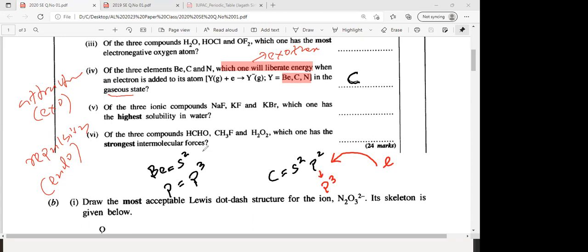But for beryllium, 2s2 becomes 2s2 2p1, which is going to be unstable. Nitrogen's p3 also will repel the electron. It doesn't like to gain the electron. Therefore there is more repulsion here, and nitrogen also has a little repulsion compared to carbon. So out of these three, who will gain the electron easily? Carbon, 2s2 2p2.